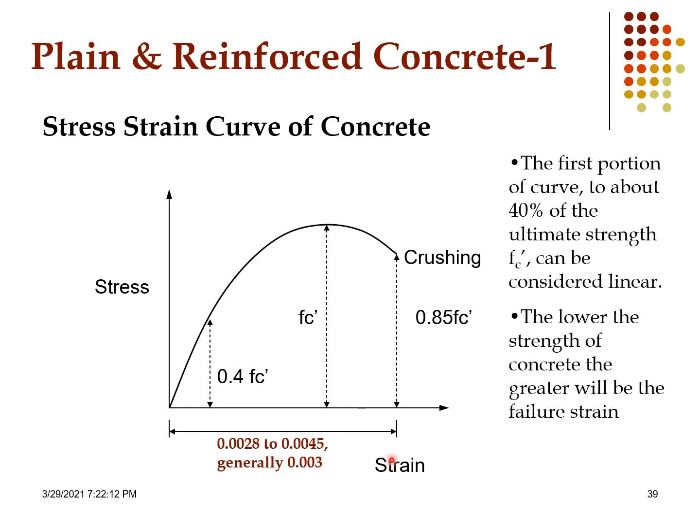From here to here is the crushing strain; normally we assume the crushing strain for concrete equals 0.003. So two things are important from that stress strain curve. One, the initial 40% we assume as linear elastic portion, and secondly the maximum crushing strain for concrete we assume is 0.003.